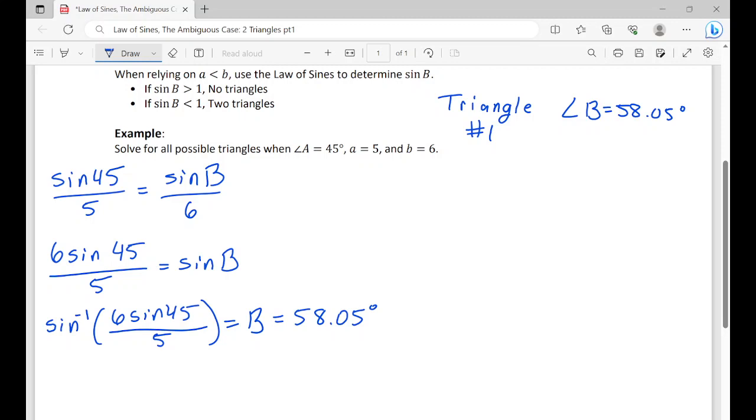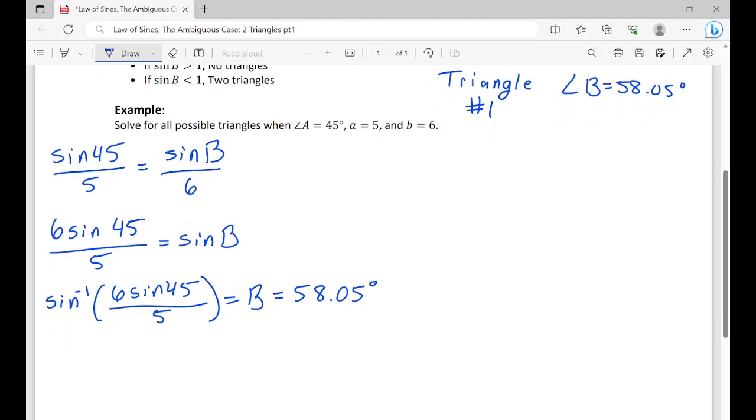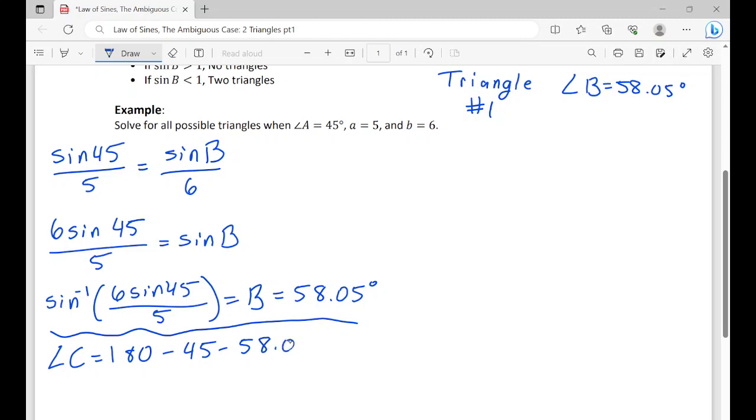Now, I can just use the fact that the sum of the angles inside of a triangle is 180 to get C. So angle C is just 180 minus 45 minus 58.05. And that means angle C is going to equal 76.95 degrees. Now I've got the two angles.